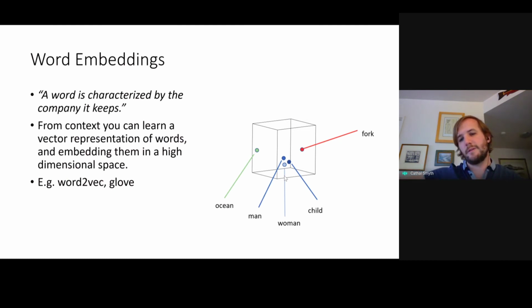And likewise, fork is going to be further away from ocean and people because it's not natural, it's man-made. It's going to live over in that portion of space. So the idea is that you end up learning the meaning of these words to some degree, so that they end up living near each other. So maybe over here is a cloud of words that correspond to finance.